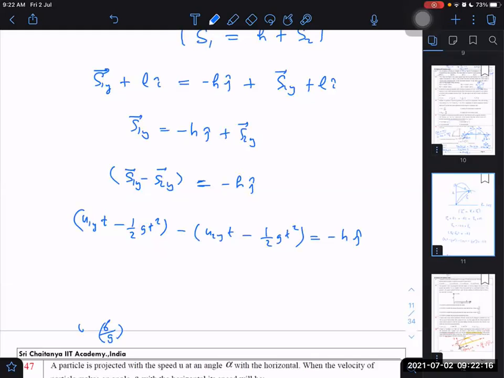What is that finally? Half g t square cancelled. U1Y minus U2Y into T is equal to minus H j cap. But I know what time is. Time is nothing but L upon Ux, right or not?